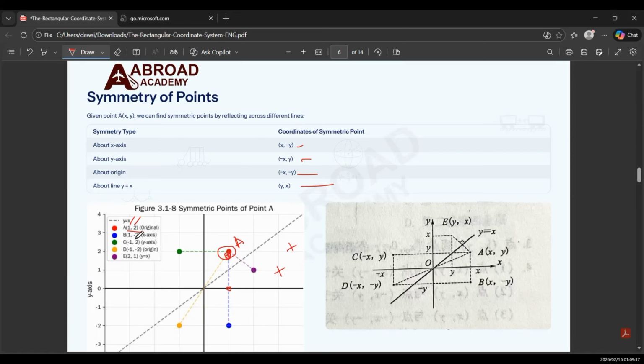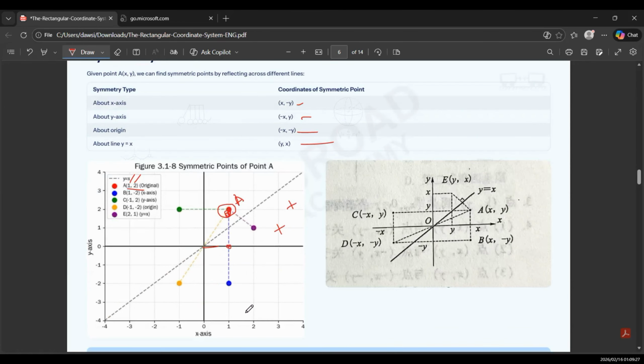Here is (1, -2), so 1 here, and -2 is the value of y. This is B. And here is another point, (-1, 2). -1 is the value for x, and 2 is a positive value.